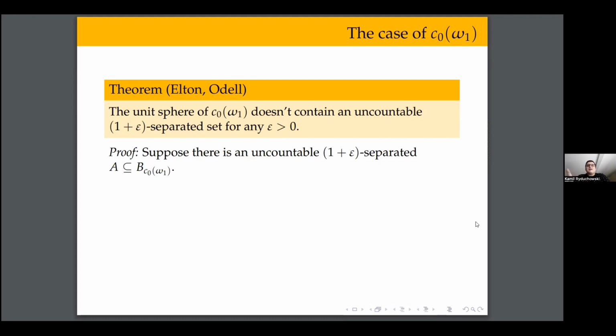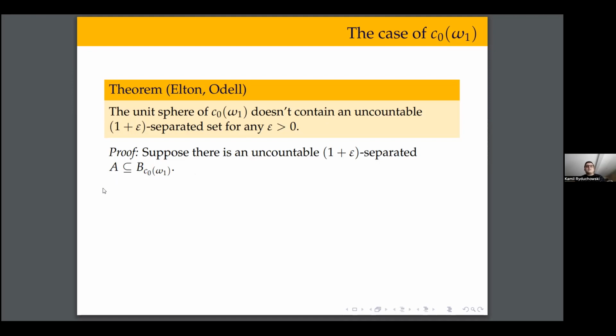Suppose we have an uncountable 1 plus epsilon separated set in the unit ball, actually. So if we have such a set, we may always assume that it is a subset of our favorite dense set.